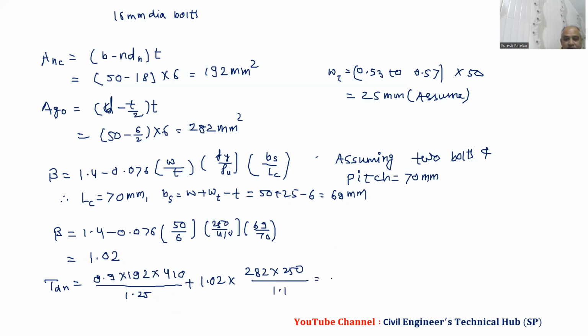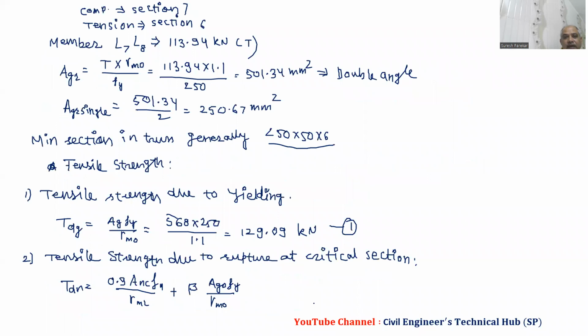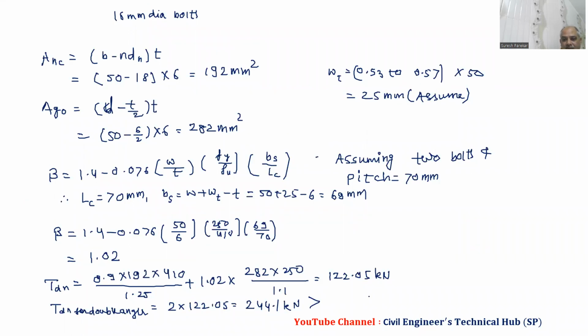We will get this value 122.05 kilonewton. This is for single angle, and TDN for double angle we have 2 into 122.05. This will be 244.1 kilonewtons, which is greater than 113.94 kilonewton.